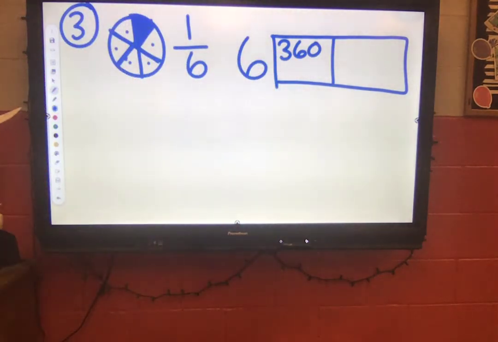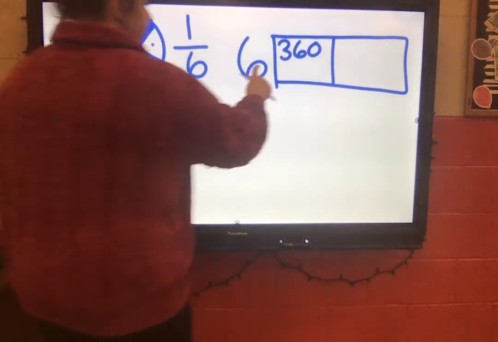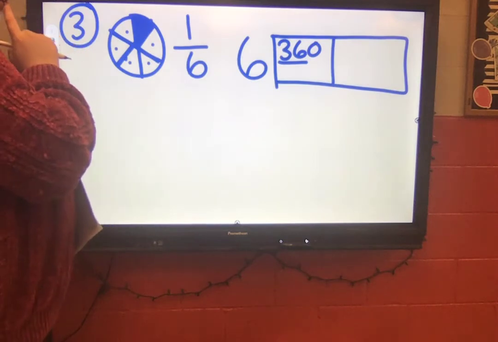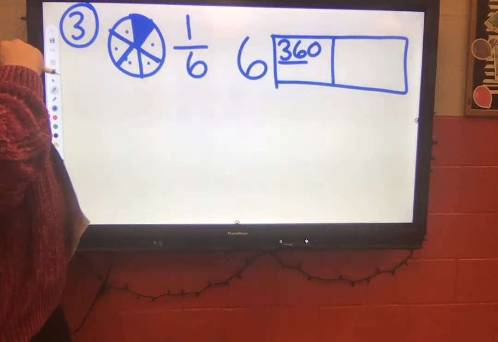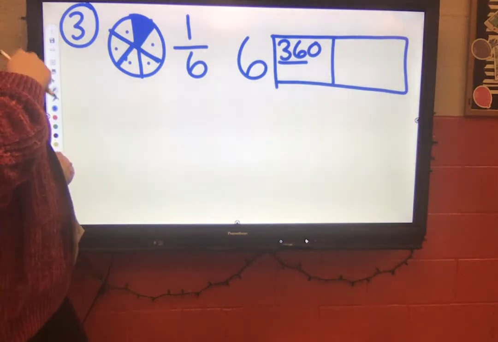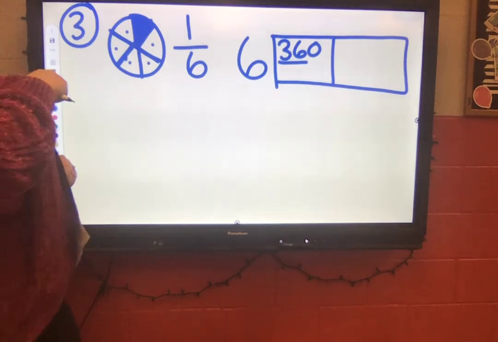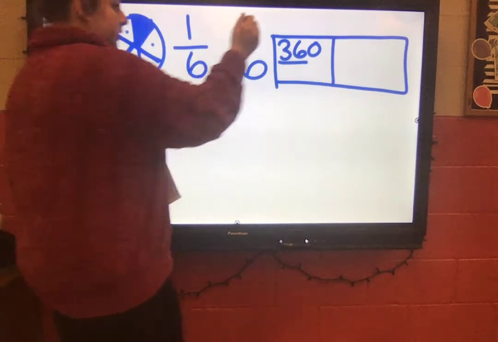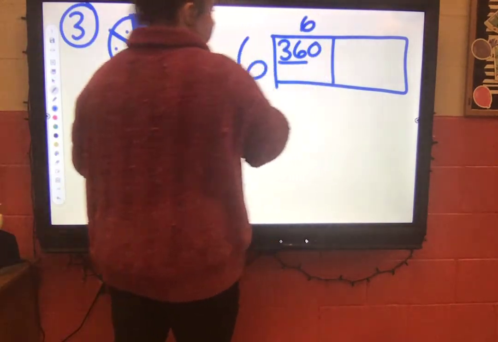And now I'm going to divide. So I'm going to look at 36 first. 6 times what equals 36? Or gets you close to 36? 6. Good. Put my 6 up here.